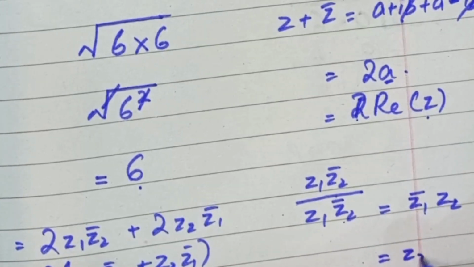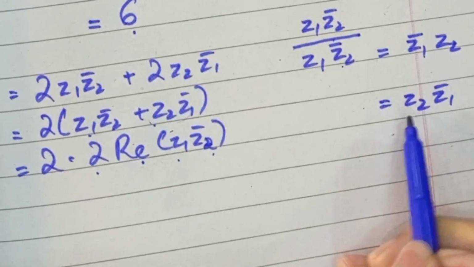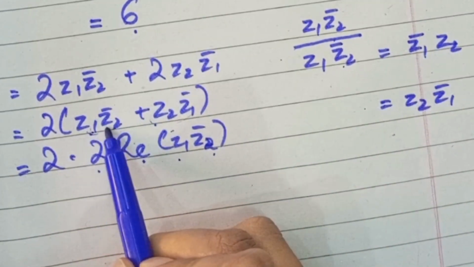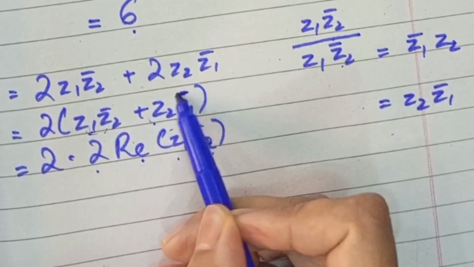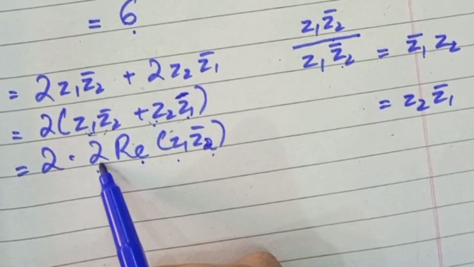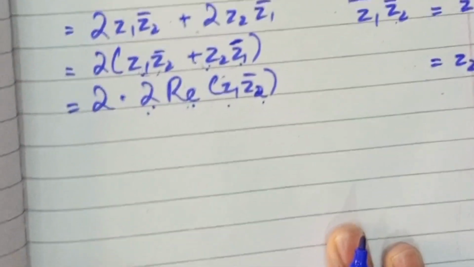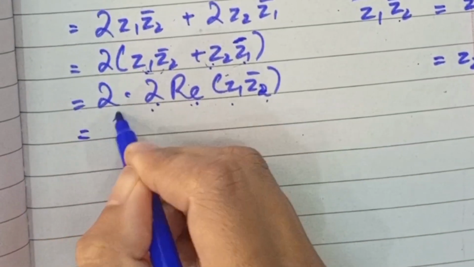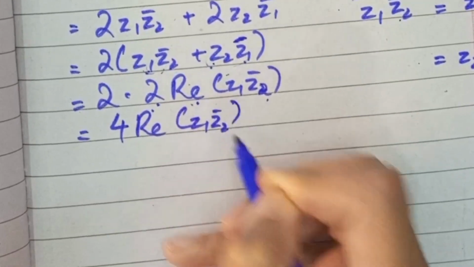It can also be written as z2 z1 conjugate. So this is z1 z2 bar as one complex number, and this is its conjugate. So we will write it as 2 into the real part of z1 z2 bar, which can be written as 4 into the real part of z1 z2 bar.